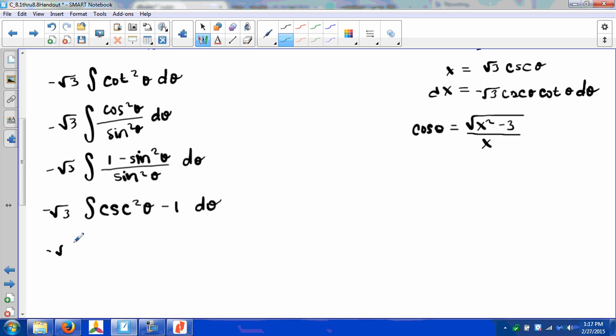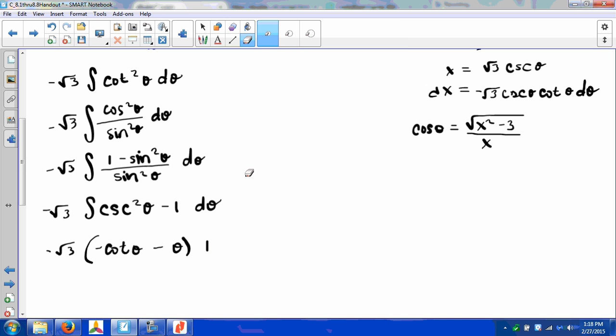So this is negative root 3, and then the antiderivative of cosecant squared is negative cotangent theta minus theta. I'm not going to put the plus c because I'm going to have to do a definite integral.